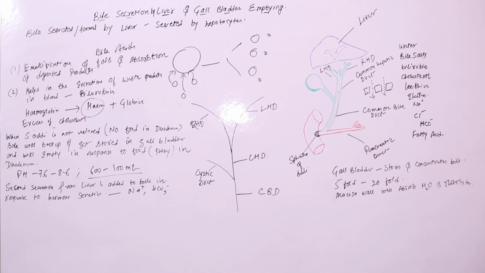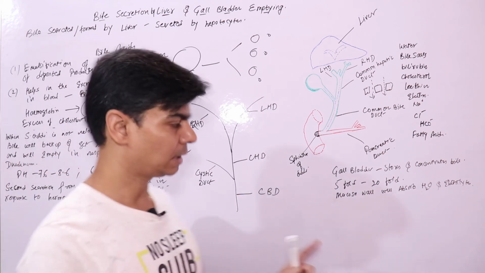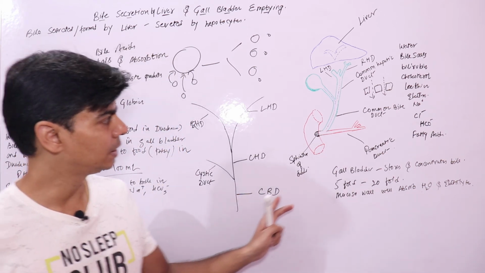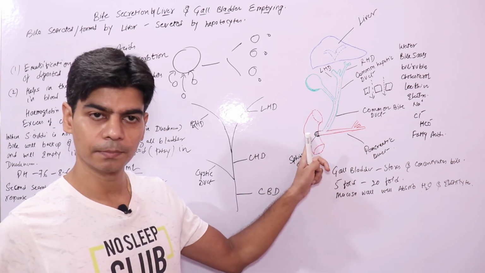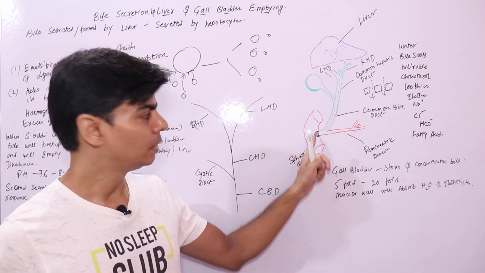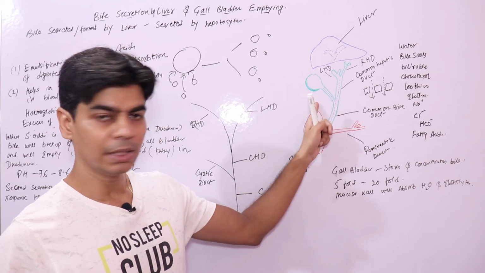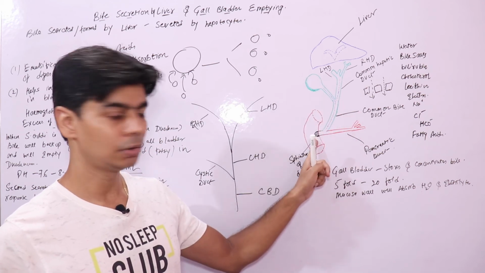Now let's look quickly into gallbladder emptying. Like I explained in the beginning, when you have fatty food in the duodenum, the bile will start emptying from the gallbladder into the duodenum.